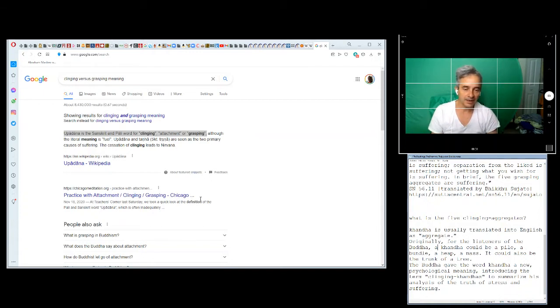So the Buddha gave the word kanda a new meaning. It was a psychological meaning, introducing the term clinging khandas to summarize his analysis of the truth of stress and suffering. Clinging khandas. Or Bhikkhu Sujato over here uses the word grasping.